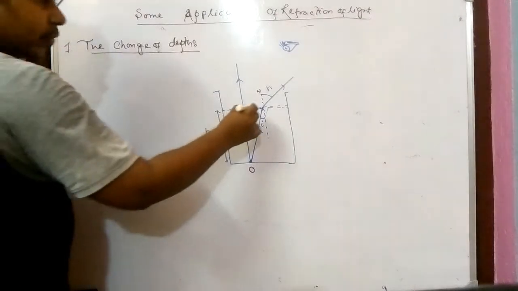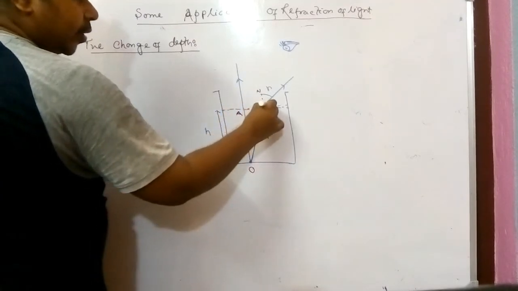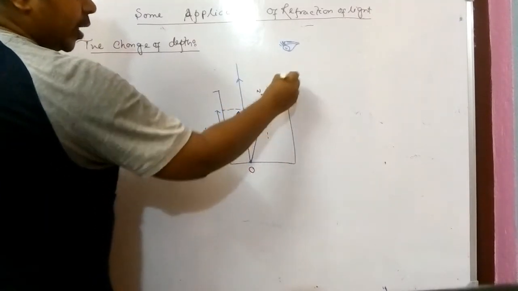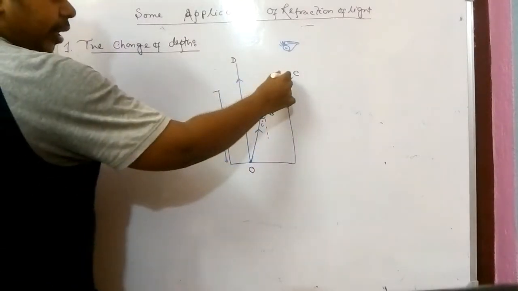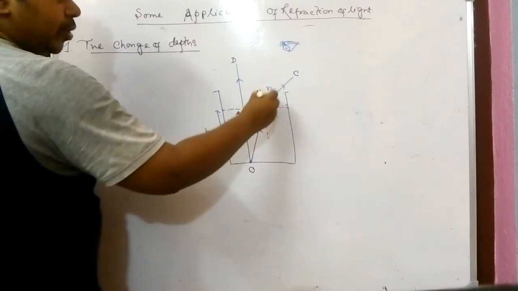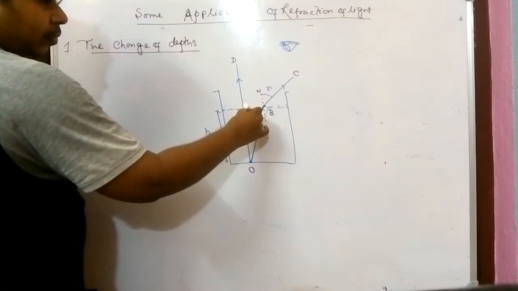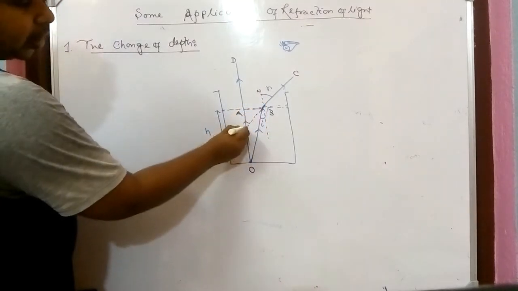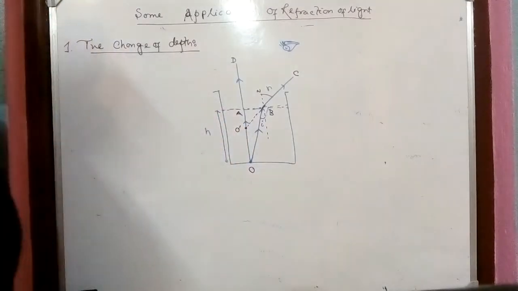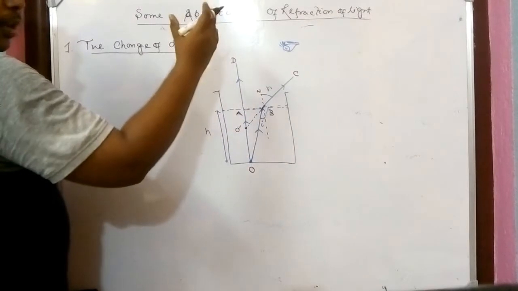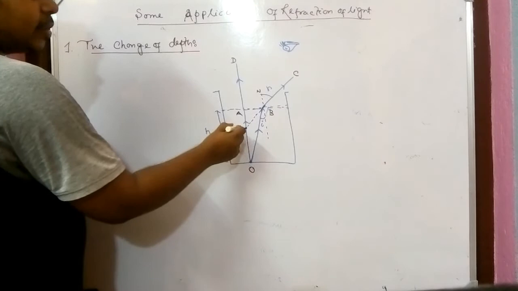So if we follow the straight path, assume it is A, this is B, assume it is C, and it is D. The light from C, which is going from B to C, will be extended, and it seems to be coming here. And that point we denote by O dash.